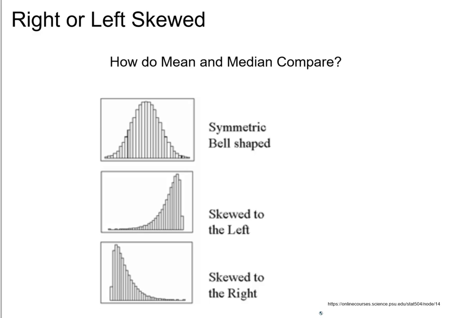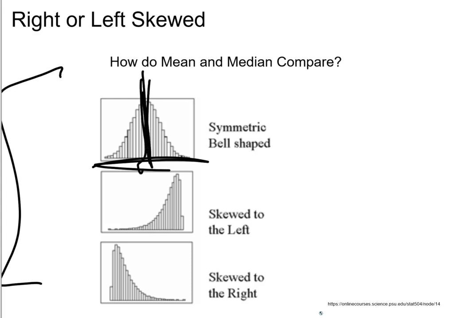At this point, all we need to do is make sure we understand these pictures. So I've got a symmetric bell-shaped curve. Why do we say it's symmetric? Because if I cut it right in the middle, the left-hand side would look identical to the right-hand side. Many times we're going to see data sets that are not symmetric. They're either going to be skewed left or skewed right. Question.